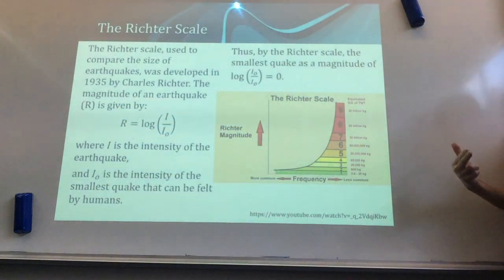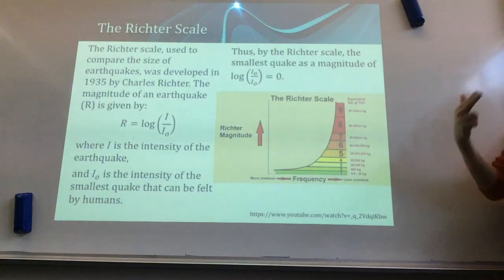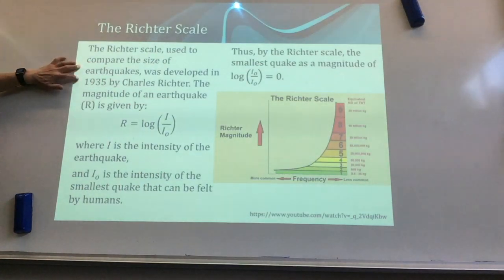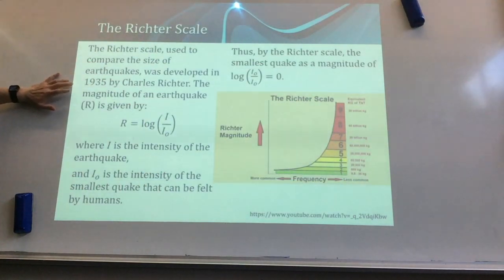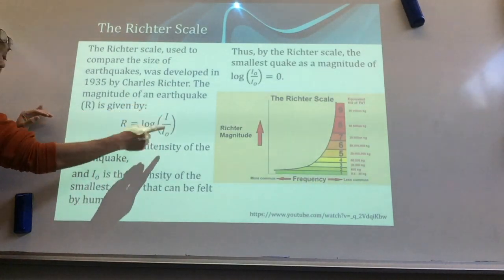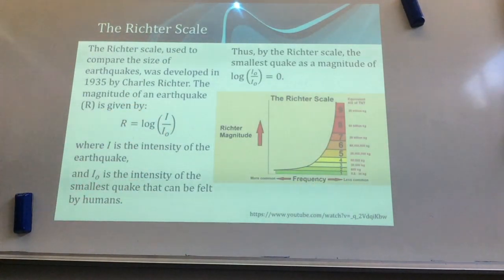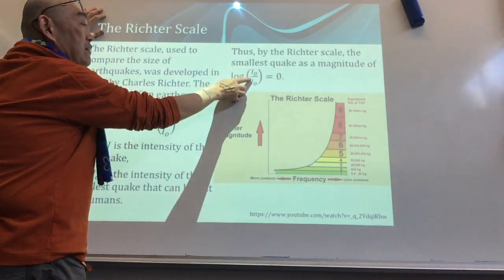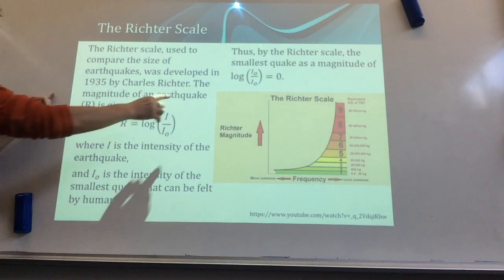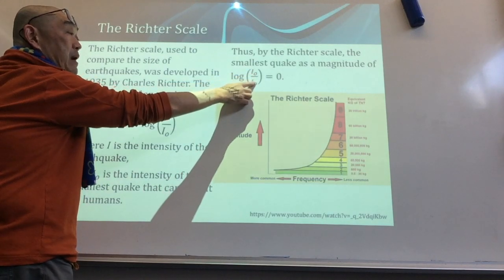So what you need to think about the Richter scale is that it compares the size of earthquakes. It was developed in 1935 by Charles Richter. The magnitude of an earthquake is given by the log of the intensity divided by the initial intensity, or the intensity of the smallest quake that can be felt by humans. So by the Richter scale, the smallest earthquake that can be felt by humans is 0, because that divided by that is 1.